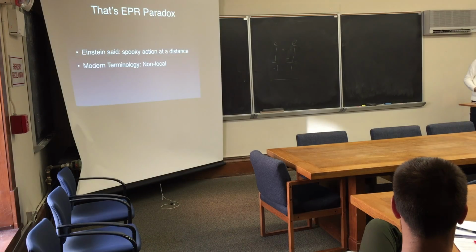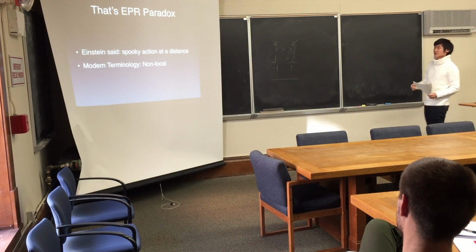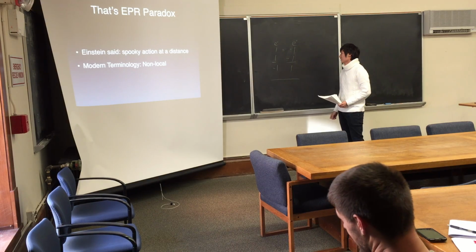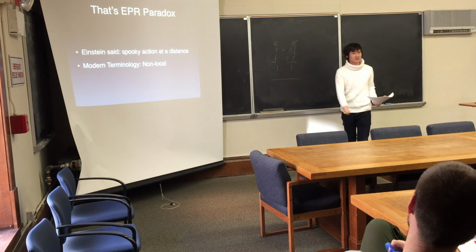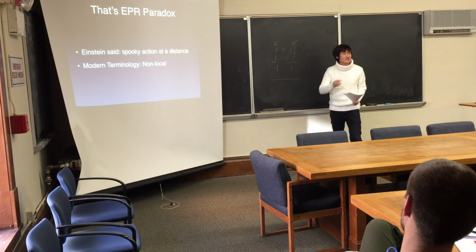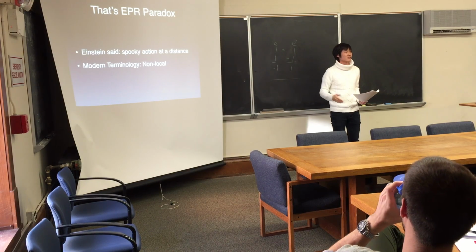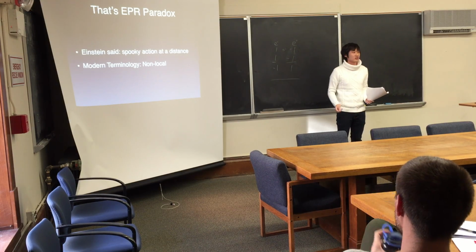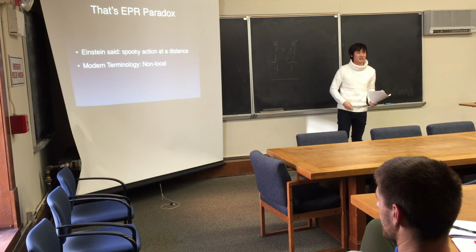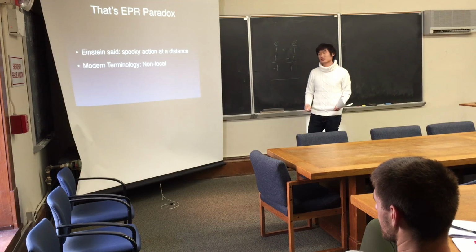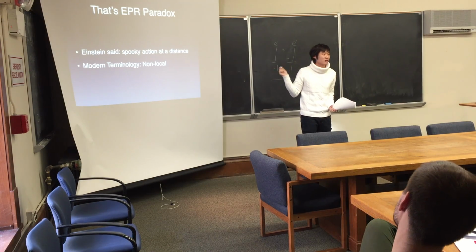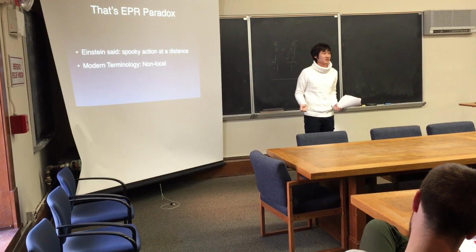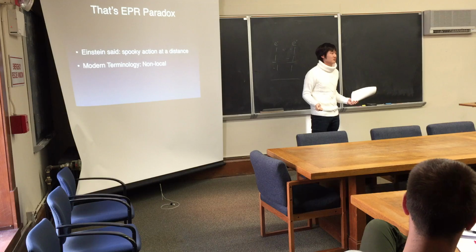Actually, Einstein called this spooky action at a distance, and it just means some information traveled faster than the speed of light. That's prohibited. That's not okay, right? So that's why it's called a paradox. It's the famous EPR paradox. Any questions so far?